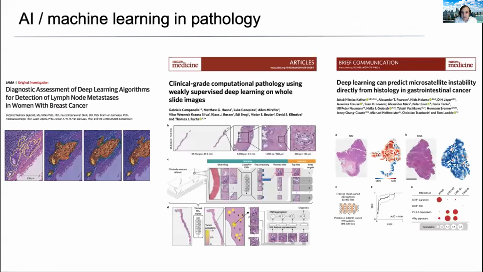There's been a lot of success. When I first started messing around with this stuff, it was just kind of a toy or a novelty. But starting around 2013, 2014, there started to be some really interesting results applying deep learning algorithms to medical images, and to pathology in particular.